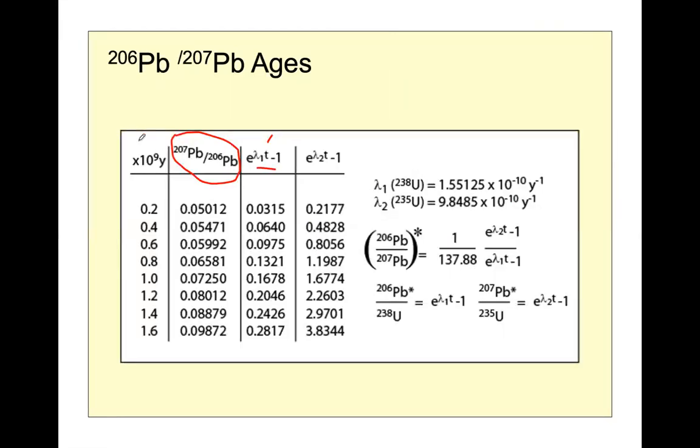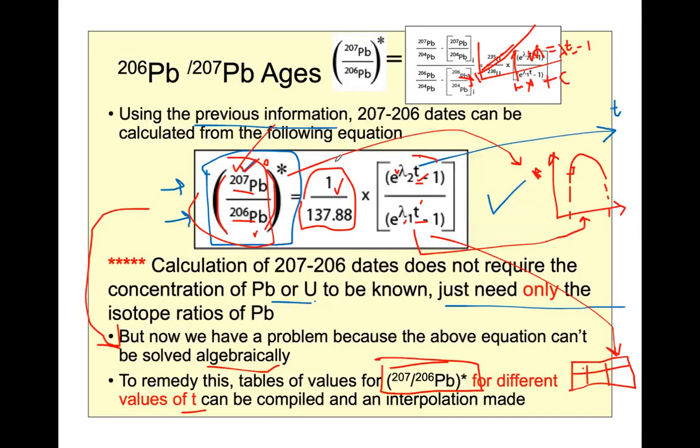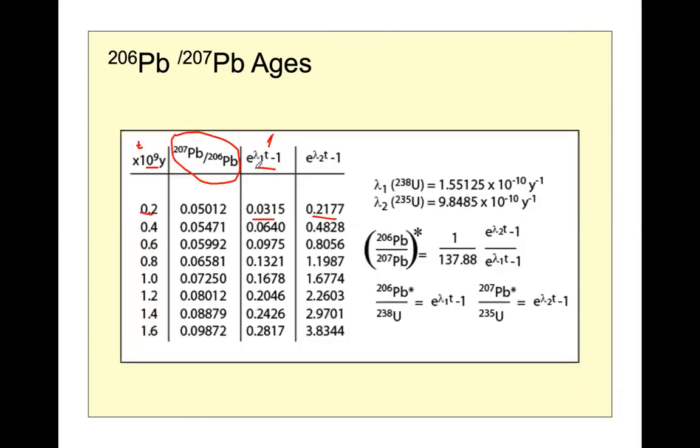This is the t, in giga, billion years, right? 10 to the power 9 means giga. So 0.2 giga years, you put just 0.2 giga years into this t, and get this number, and you put the same t value and you get the second parameter. So here you get this one, and also you have sets of values for this one. Then you can construct the curve.